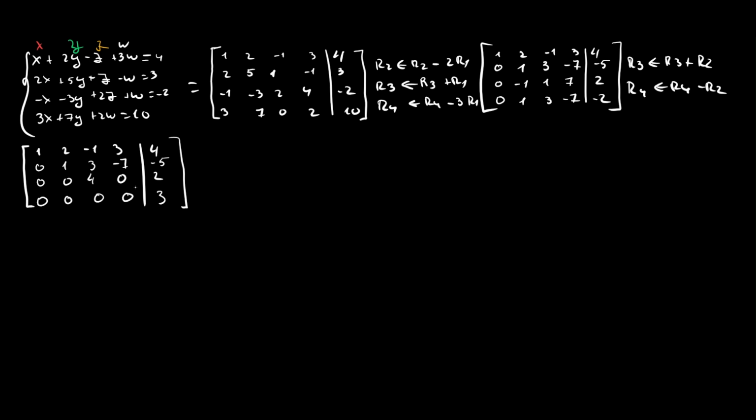Right away we can see that there is a contradiction, right? Because 0 doesn't equal 3, which means there are no solutions. So that's what we are gonna write.